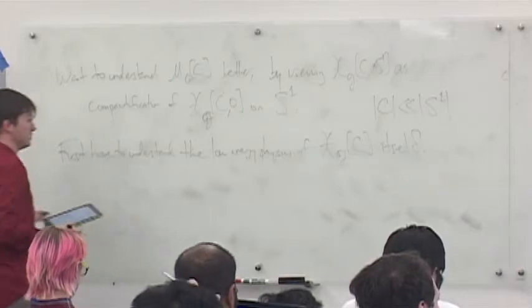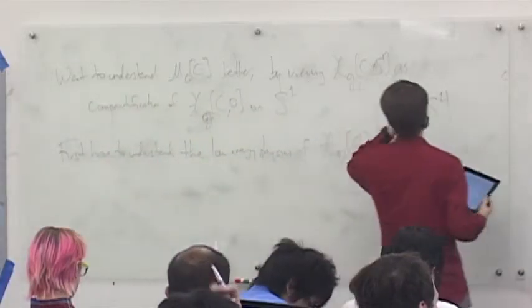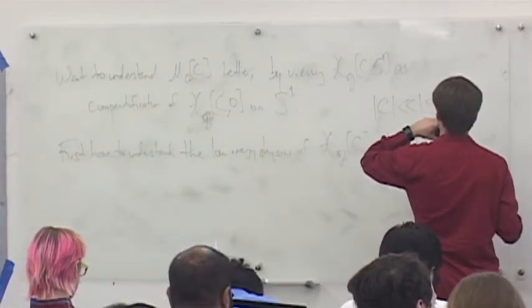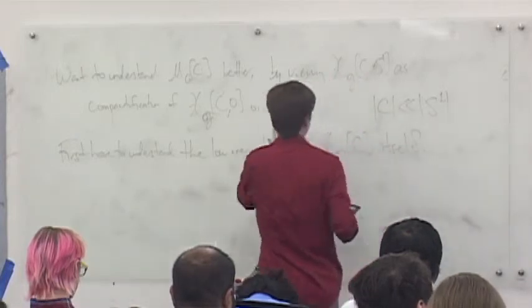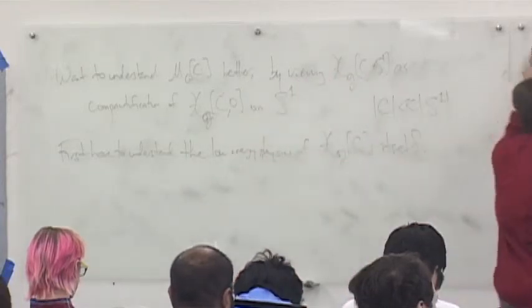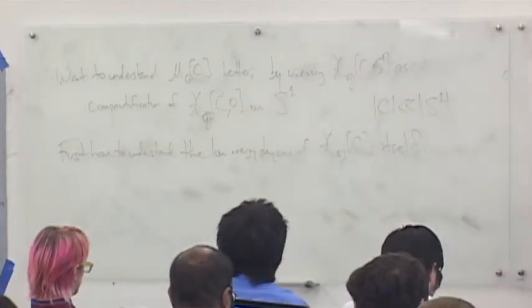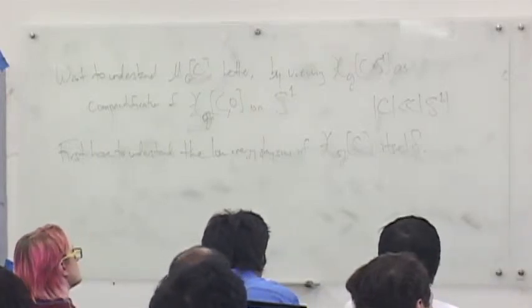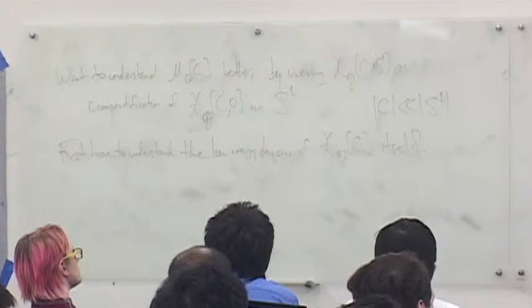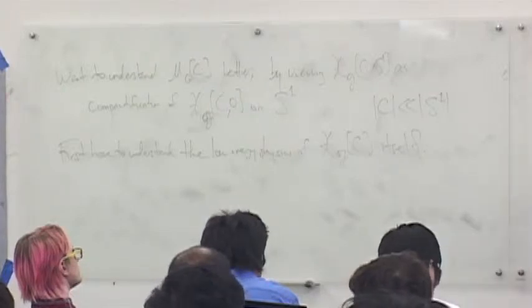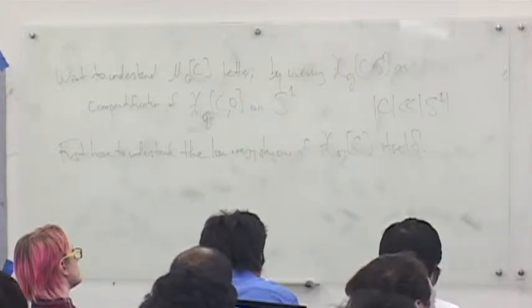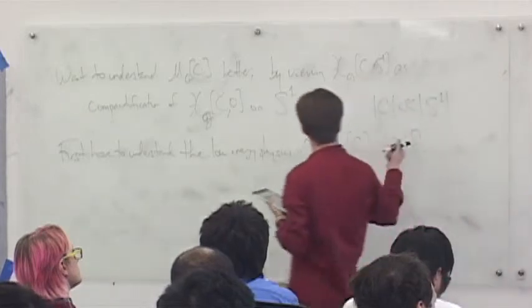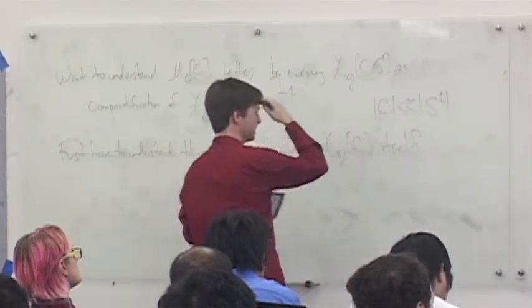So the picture is going to be the following. Well, let's just say it like this. We first want to understand the low energy physics of this four-dimensional theory. And then after we understand that well enough, we're going to compactify that theory on a circle.